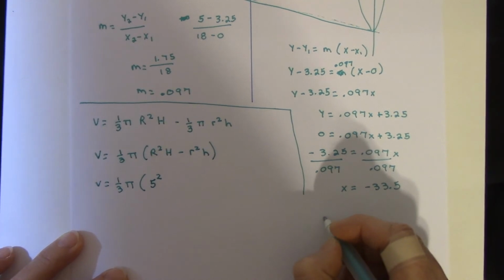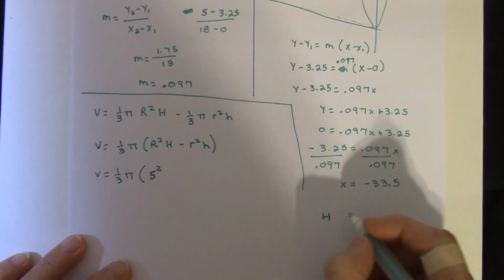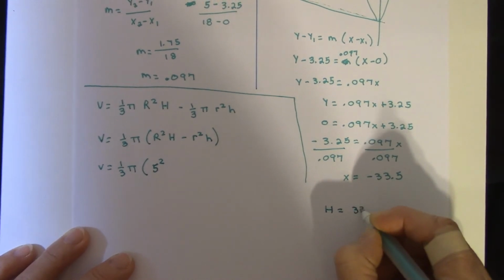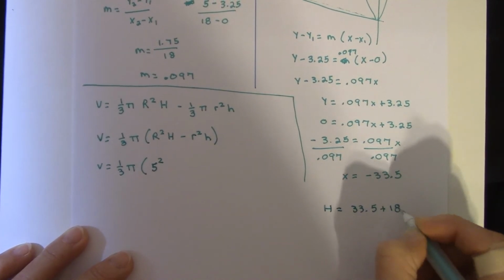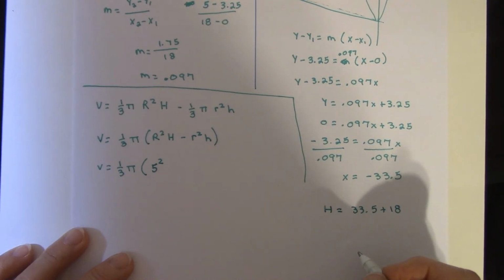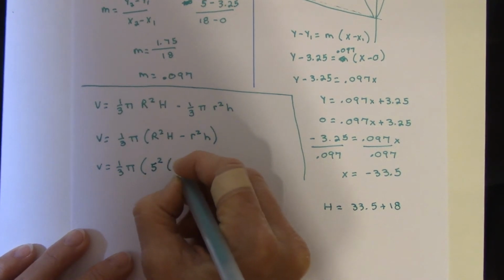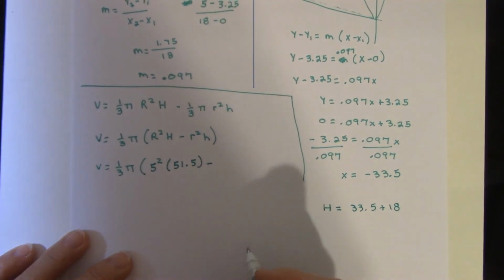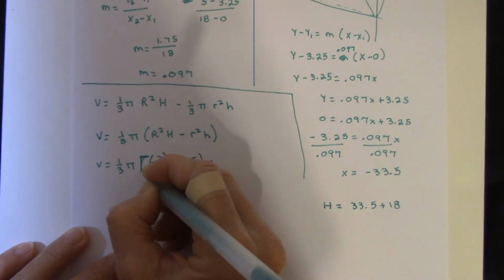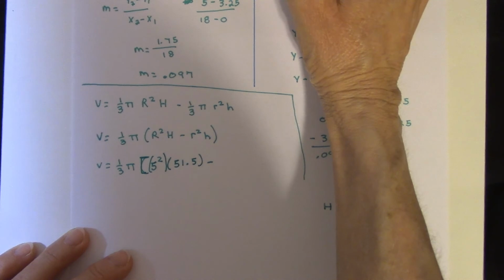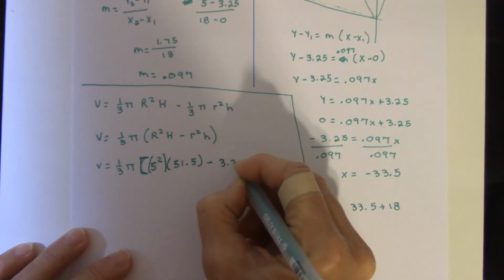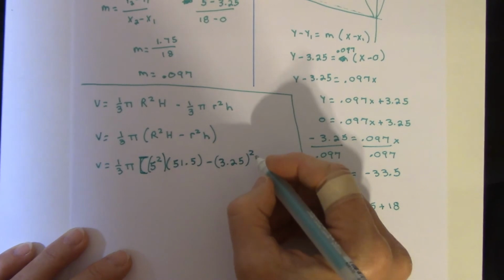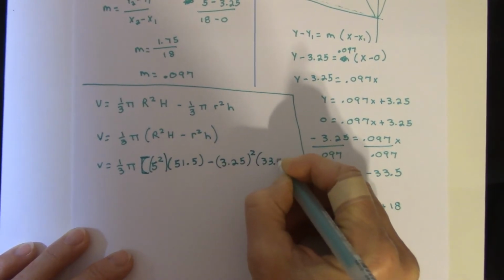So the height of my big cone is the absolute value of this amount, 33.5 plus 18, which is 51.5, minus the radius of the little cone, which is right here, 3.25 squared, times the height, the absolute value, which is 33.5.